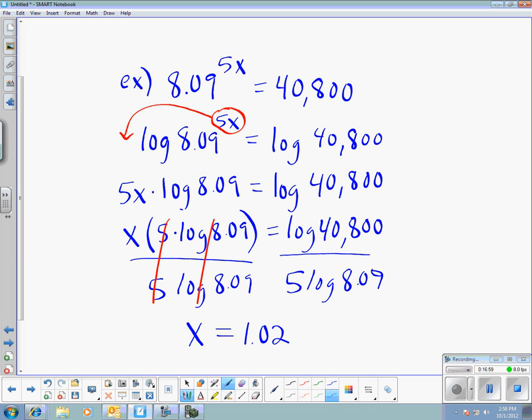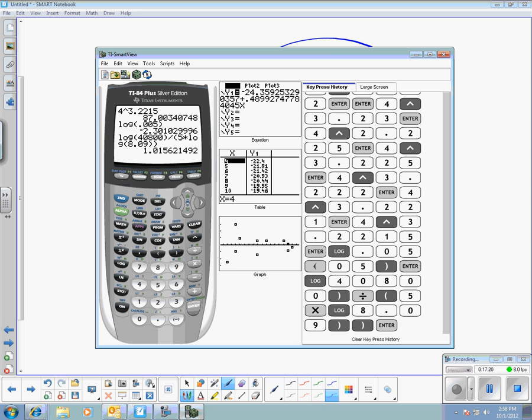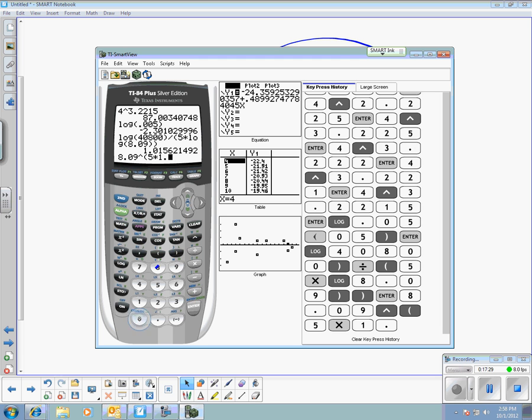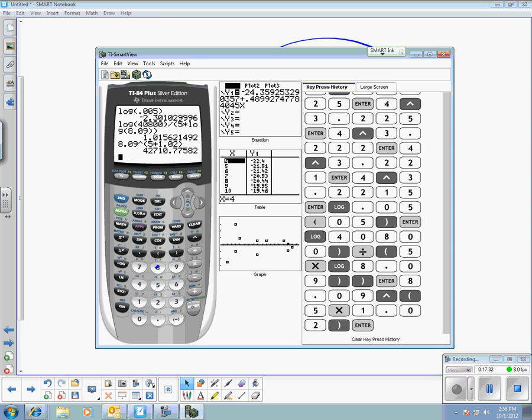Okay, so when you solve any equation, you should always double check your work. So do 1.02 times 5, plug it in up here, times 5, and do 8.09 to that, and make sure you get 40,800. So 8.09 to the 5 times 1.02 should be 40,800.